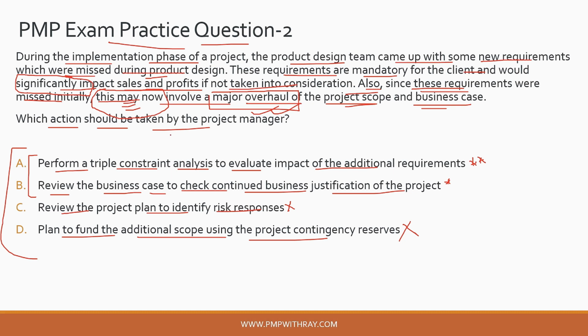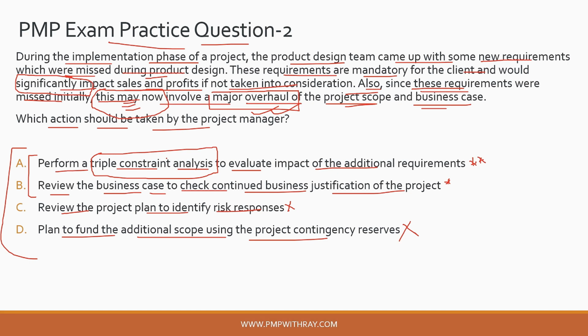Now what is that thin line of difference between the may and the should? The difference is the triple constraint analysis. As long as you have not done a good impact analysis, you will never be able to tell for certain whether this change will definitely affect the project business case to such an extent that you might decide to shelve the project in the end.